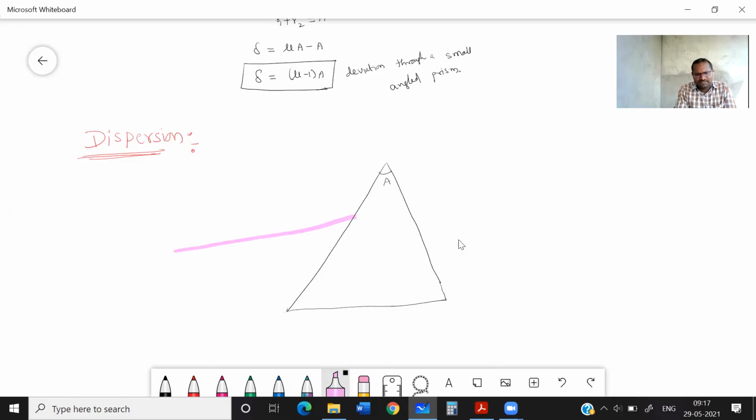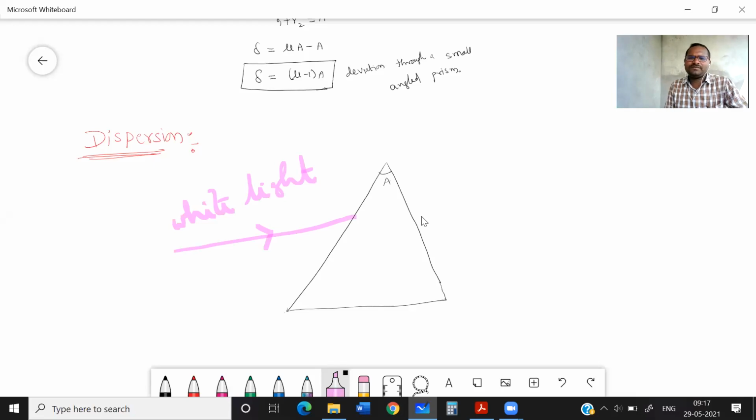Imagine this is a white light, which consists of several colors, VIBGYOR. After passing through this prism, this white light will split into several colors.